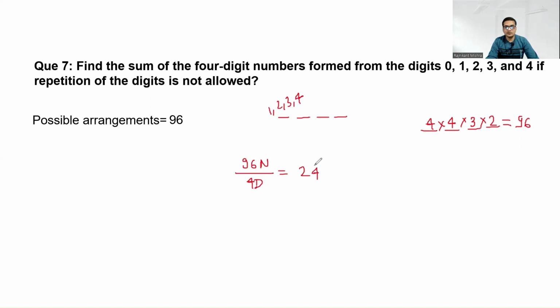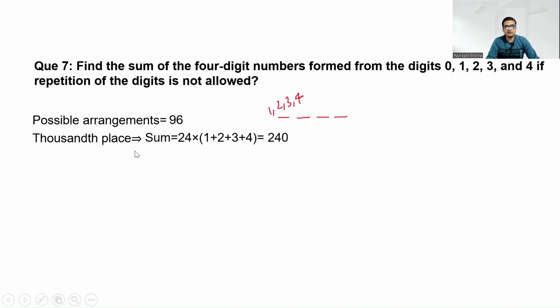Means 1 repeated 24 times, 2 24 times, 3 24 times, and 4 24 times. So sum of all numbers at thousandth place is equal to 24 common 1 plus 2 plus 3 plus 4 is equal to 24 into 10 is equal to 240.